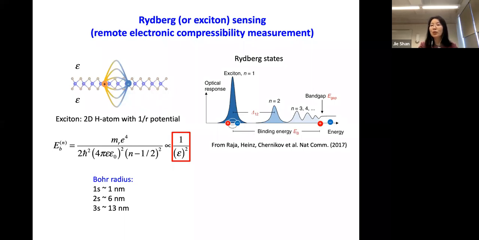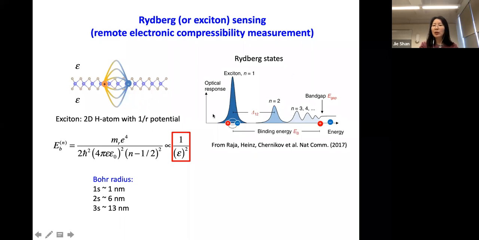It's not trivial to make good electrical contacts to those materials. Although we are getting better at developing good electrical contacts, often this is still a problem. So we came up with this technique, which utilizes the optical properties of monolayer transition metal chalcogenide.